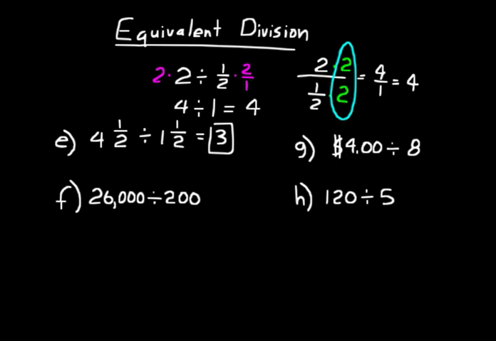Now why don't you do F, G, and H, and you just try to figure out a way that you could solve those problems mentally, either by multiplying both numbers by something or dividing both numbers by something to just make an equivalent division problem.